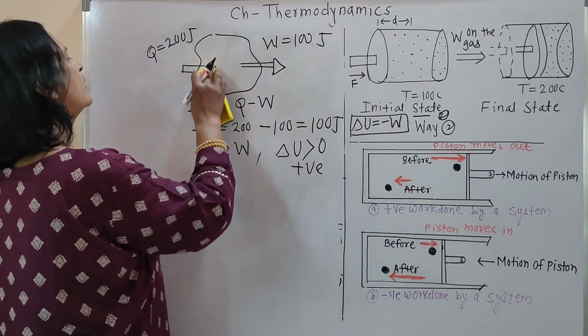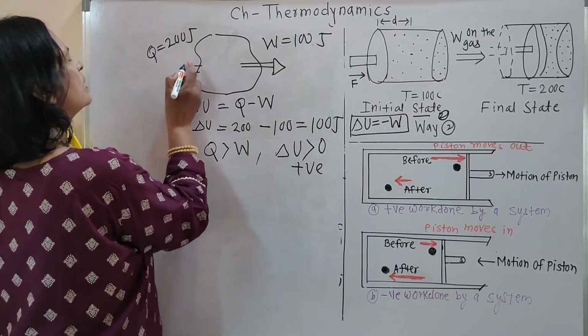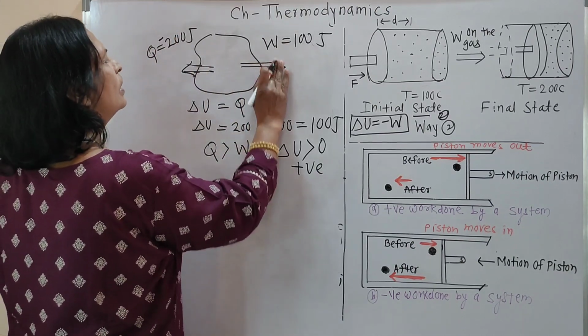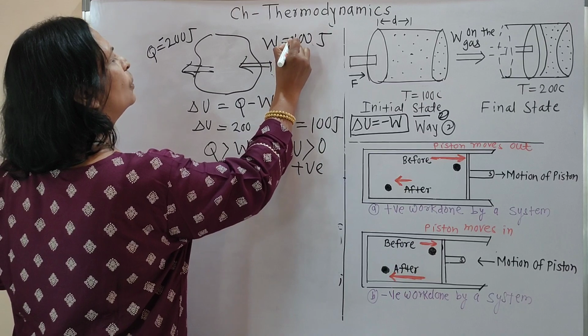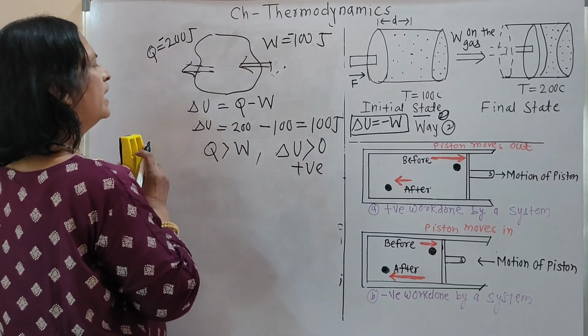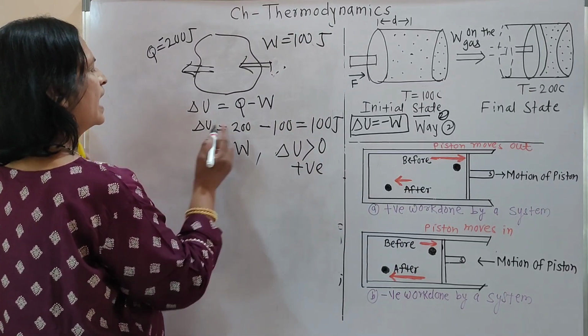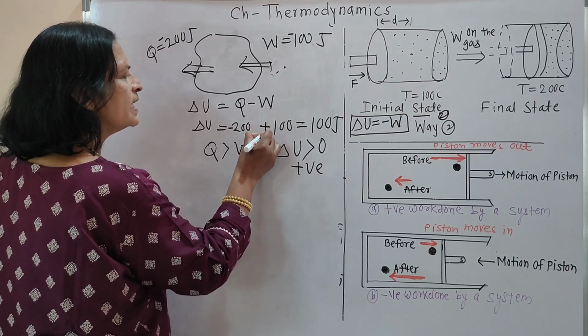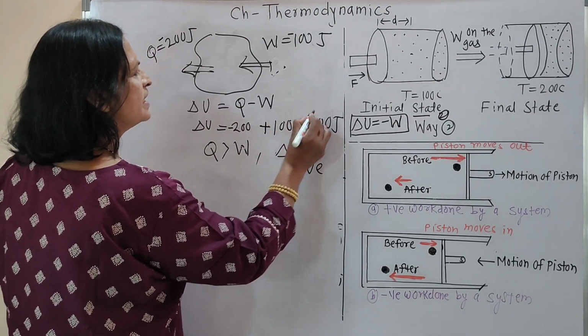Second case: suppose Q equals minus 200 joule and W equals minus 100 joule. Then Q minus W is minus 200 plus 100, which becomes minus 100.